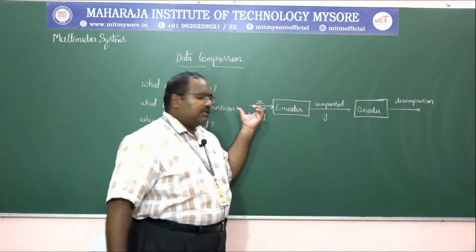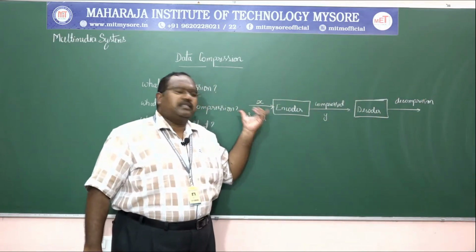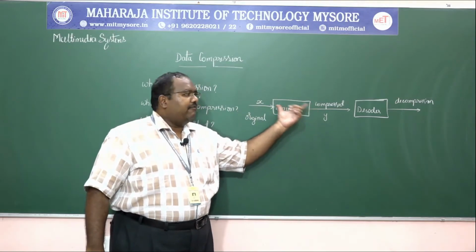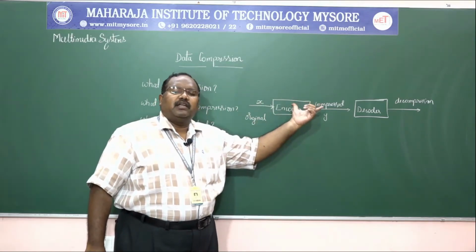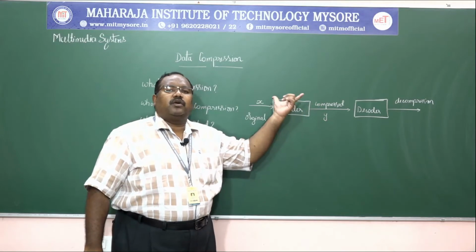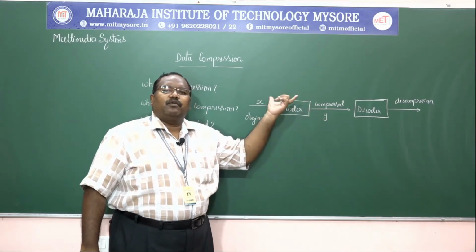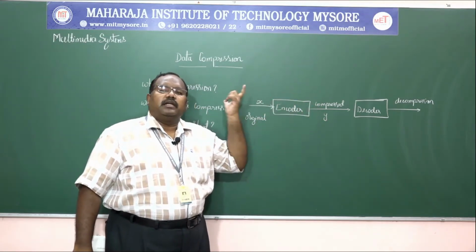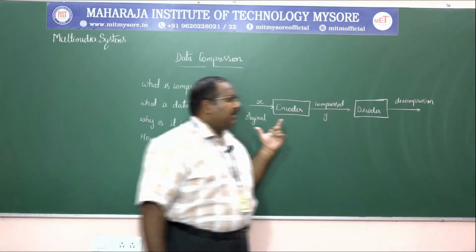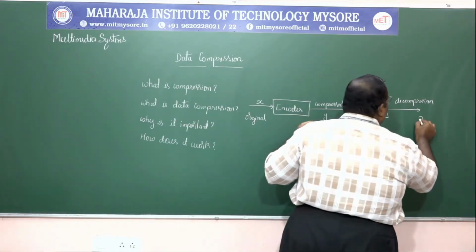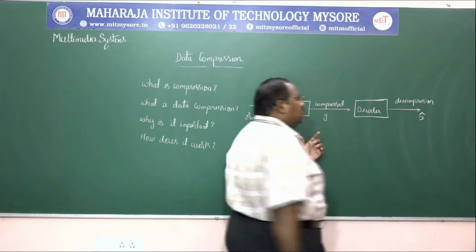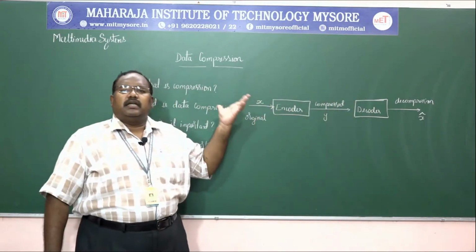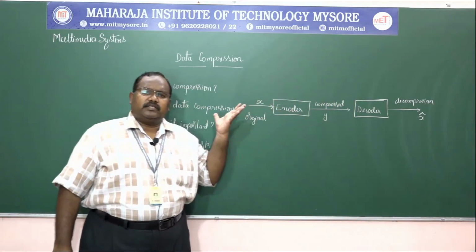Look at this: the data X is compressed into Y, and if you want the original data, we decode it. The process called the decoder does the decompression, and what we get is the data X cap. So these are the basic data compression concepts. Very simple.